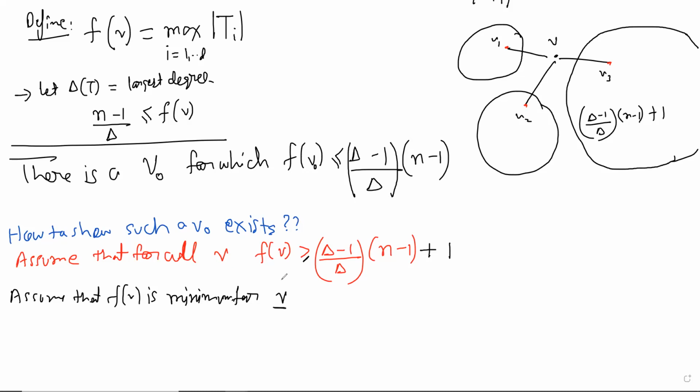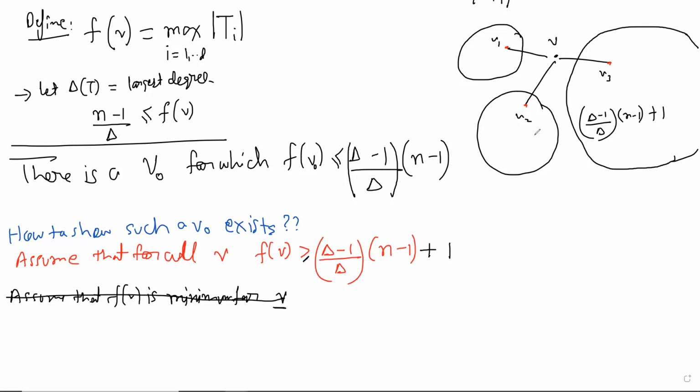Then for all v, it is bigger than this. Then even for the v for which f(v) minimizes, even for the best v, it is still bigger than this. Or you don't even need to, if you just keep it till here also, I think it would work from here.